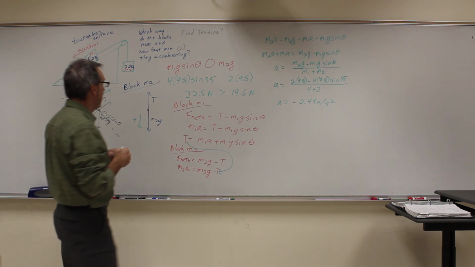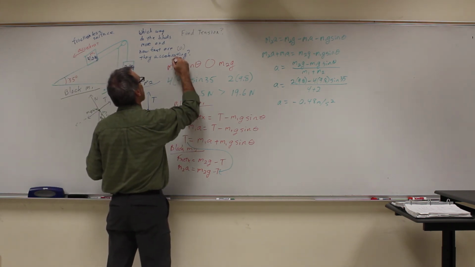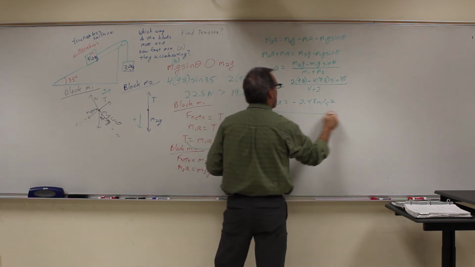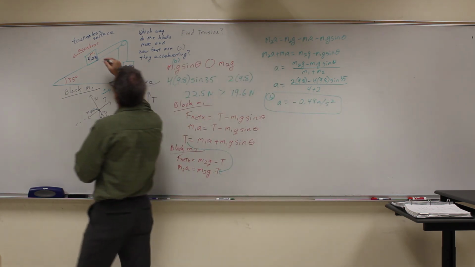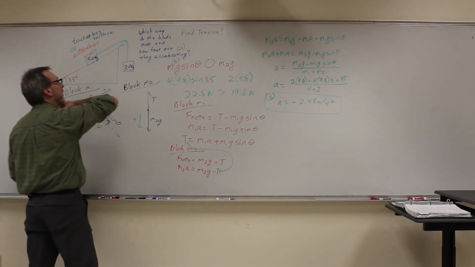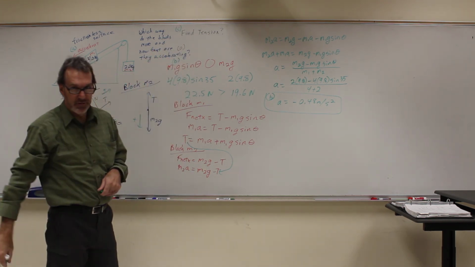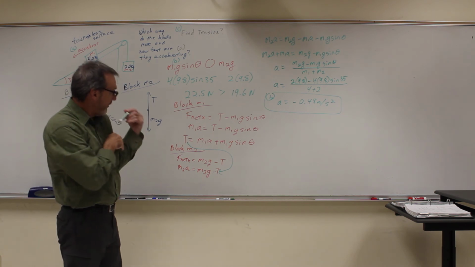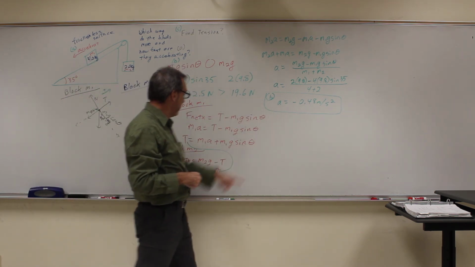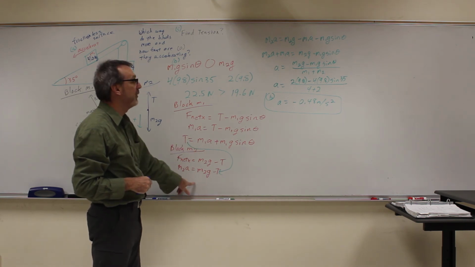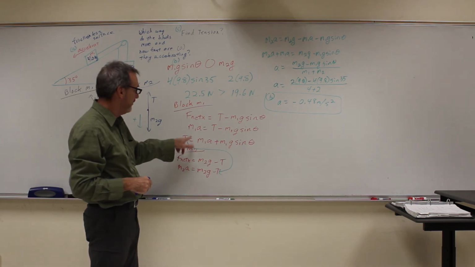So, part A was what direction? Part B, this is part B here, is the acceleration. Part A is the direction, so we figured out which direction they're going. Now we need to figure out part C: we want to find the tension. Well, that's easy now because we have the acceleration, we can just plug it into this equation right here, or this equation. It wouldn't matter, you should get the same answer.